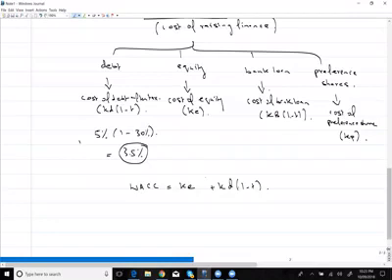So you will give return to equity holders, right? So its cost is known as KE. Then I have to give return to debt holders, so its cost is known as KD(1 minus T).